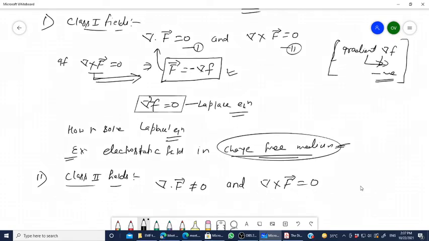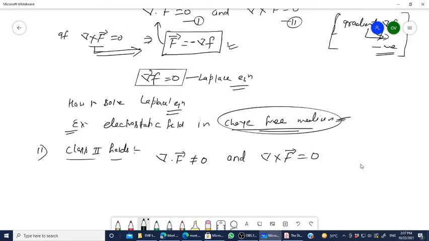It means when the curl of the vector field is 0, this vector field may be represented as a gradient of the scalar field.